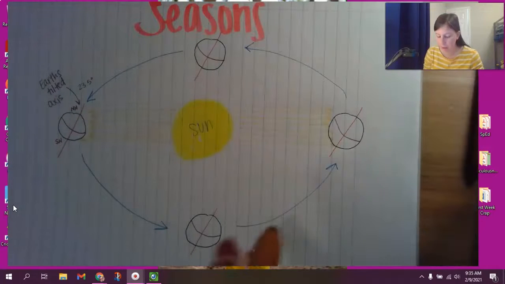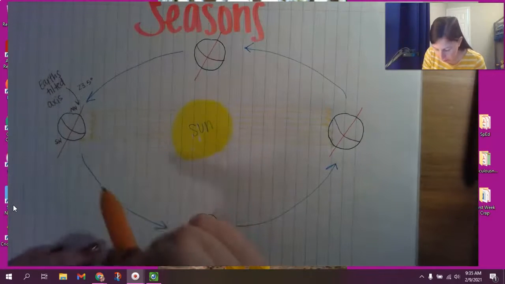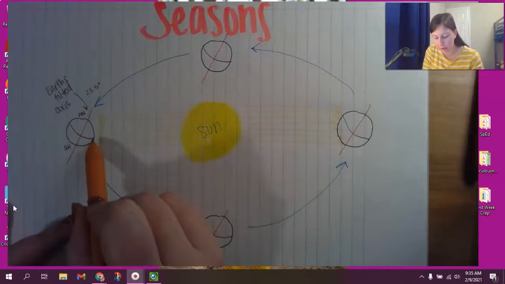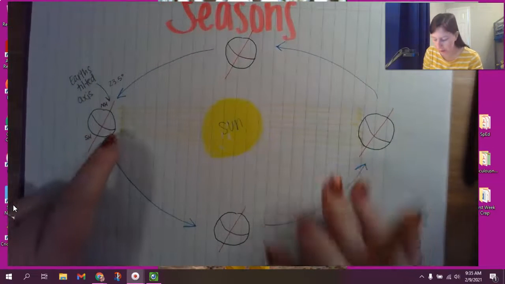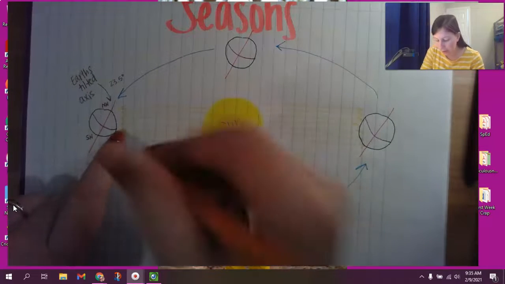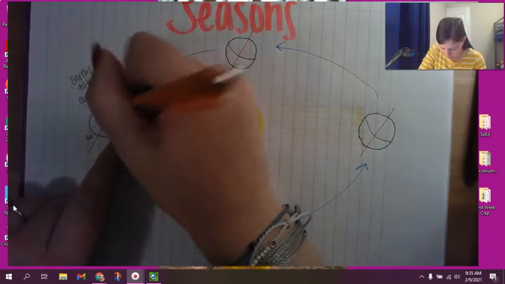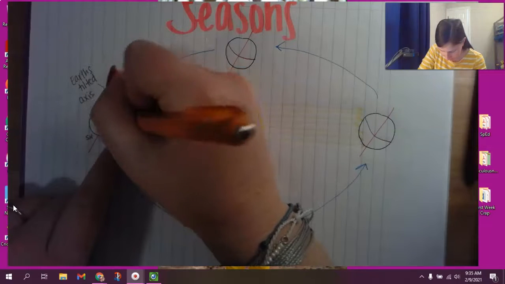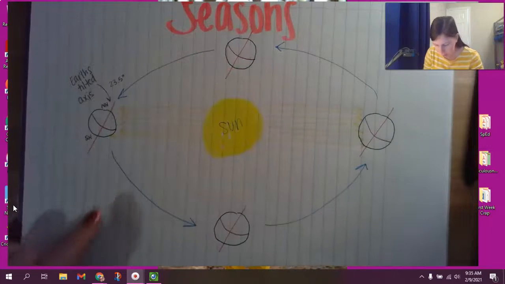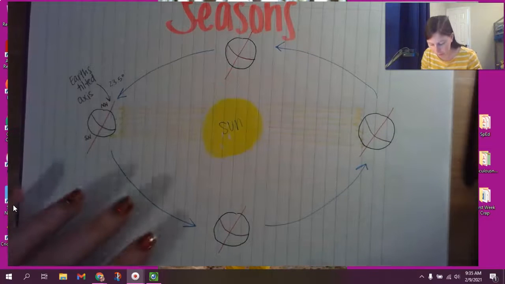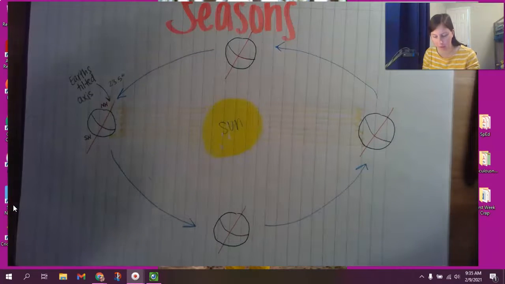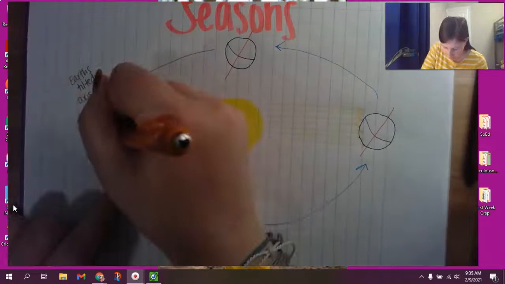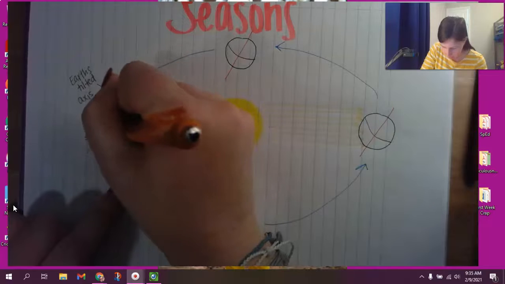So, up here, we'll start over with our left side. So I have 1, 2, 3, 4 arrows hitting above the equator. And then 1, 2, 3.